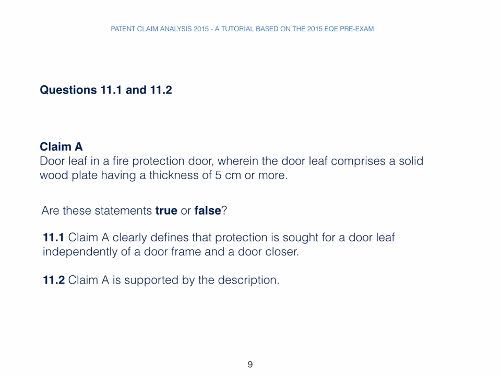So here we have statements 11.1 and 11.2.